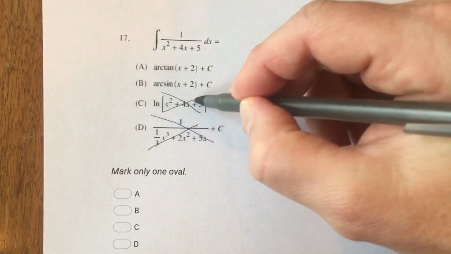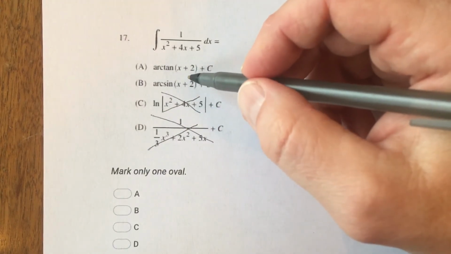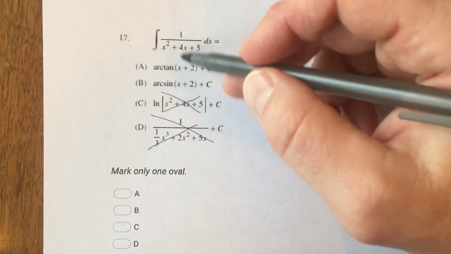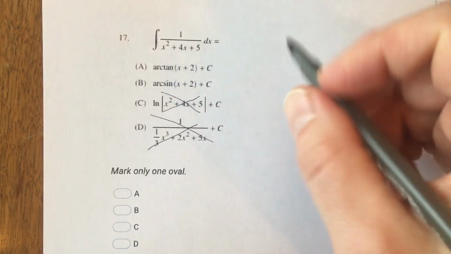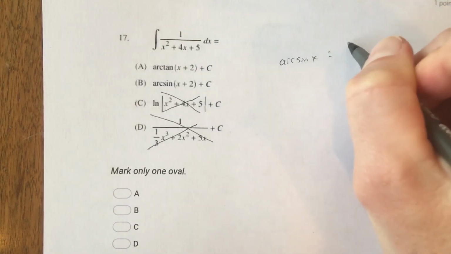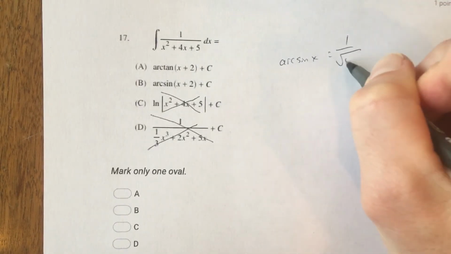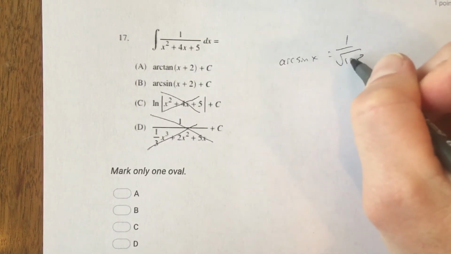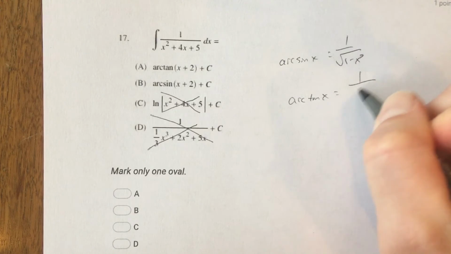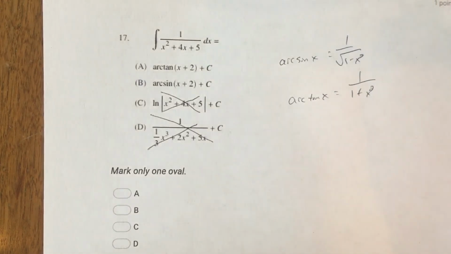So it's one of these new ones that we learned a week or so ago, the arcsine, arctan. Now, here's the key, if you remember, the derivative of arcsine is 1 over the square root of 1 minus x squared. It's got this square root in it, whereas the arctangent is 1 over 1 plus x squared.